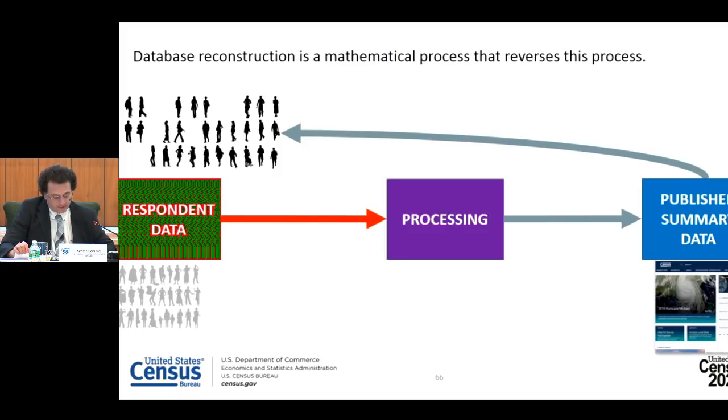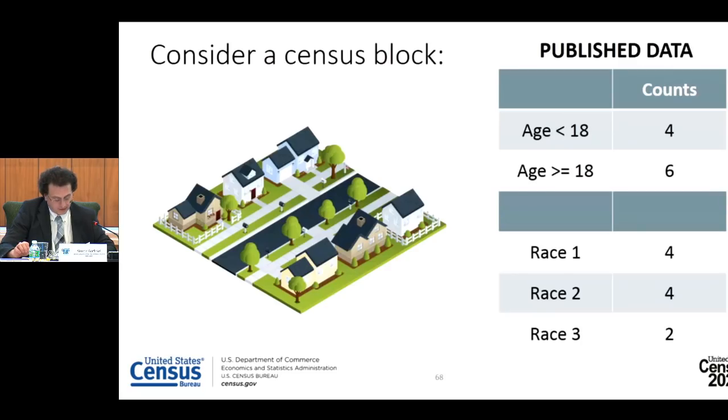So for example, consider the statistics that we might publish for a single census block. Here, we say that the block has 4 people under 18 and 6 people over 18. It has 4 people of race 1, 4 people of race 2, and 2 people of race 3.